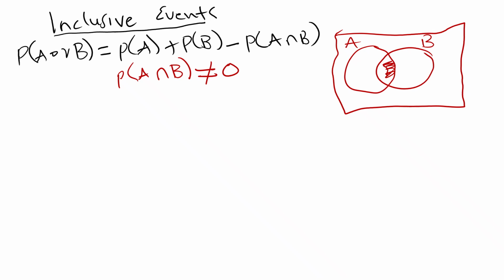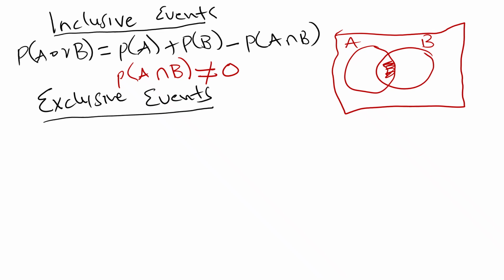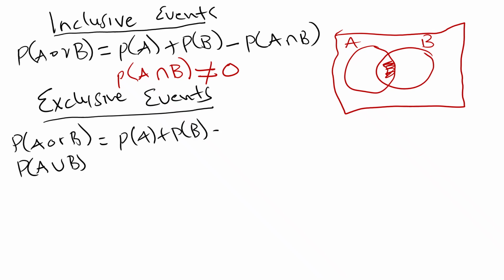As for exclusive events, the probability of A or B, you could also write this as A or B. So the probability of A or B is equal to the probability of A plus the probability of B minus their intersection.